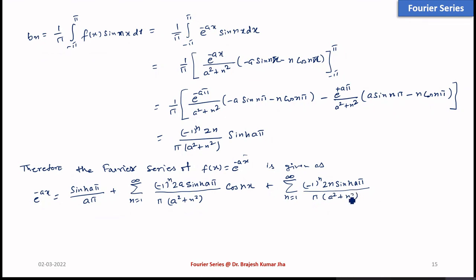So what we can see, either you can write a cos nx and n sin nx also there. Whatever you have common, you can take common, and it can be written in such a way also.